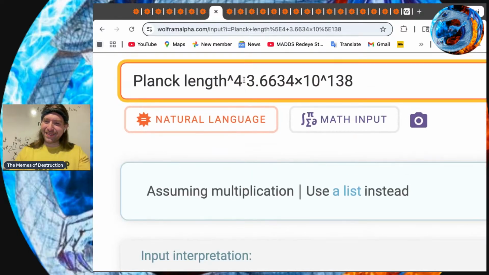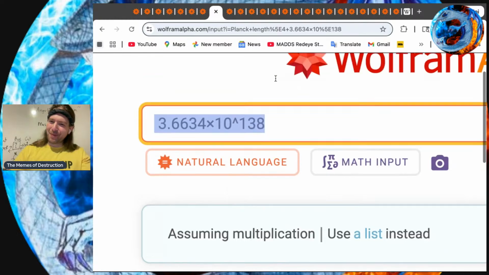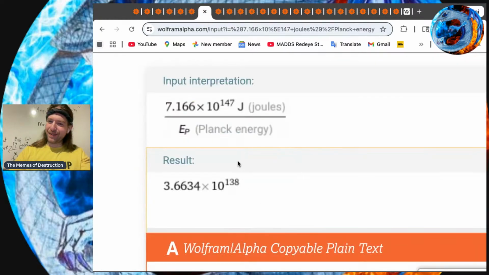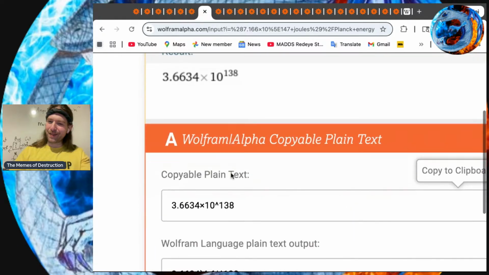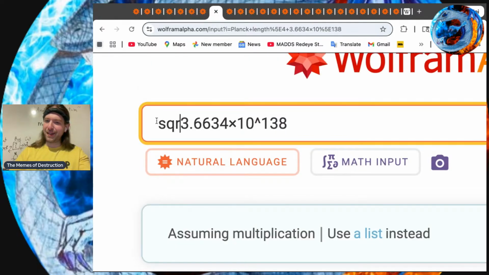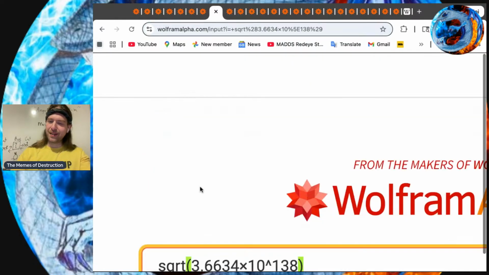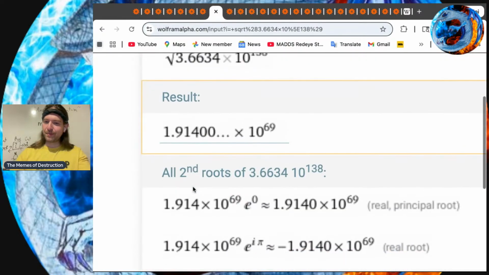Because we could also do, what is it? All right. So we partitioned it by 4. But the interesting thing is, all right, we got that number there. Let's go back. Let's do a little play. Let's take the square root of this number. Actually, we should probably take the 4th root.